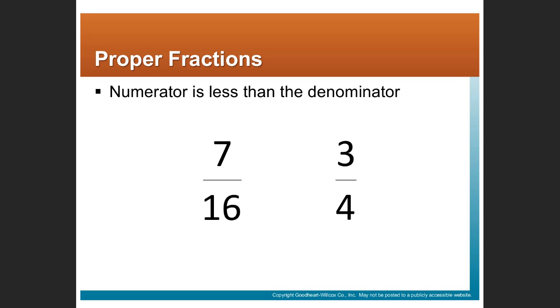So a proper fraction is one where the numerator, or the number on top, is less than the denominator, being the number on the bottom. So 7/16 is a proper fraction. 3/4 is a proper fraction.